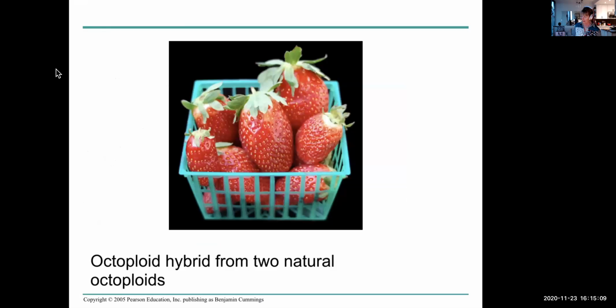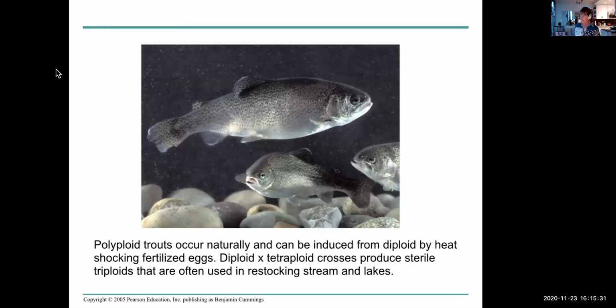An octoploid hybrid is when this hybrid is a culmination of 2 tetraploids. So the gametes were tetraploid. They came together and they formed an octoploid. Strawberries are octoploids. Trout, sometimes polyploidy can occur naturally, but it can also be induced.